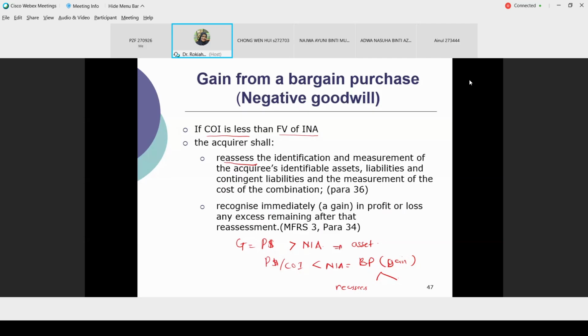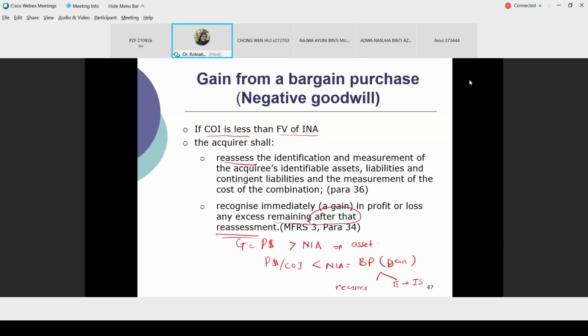Then, if you're satisfied with the reassessment, you can recognize a gain. This gain will be recognized in your income statement. A gain can only be recognized after the reassessment.